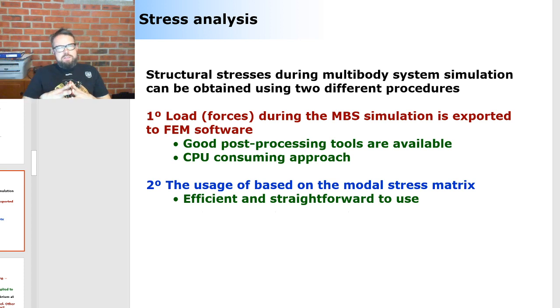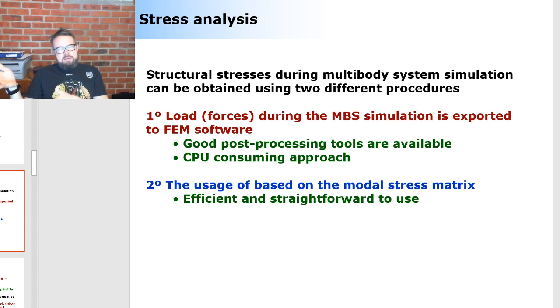An alternative approach, which is really way more sophisticated, is to use something called the modal stress matrix. Now, this comes together with the floating frame of reference formulation we discussed earlier. Remember, in the floating frame of reference formulation, we are sending modes, assumed deformation modes, from the finite element code to multi-body system dynamics.